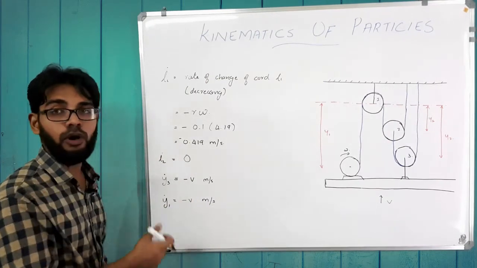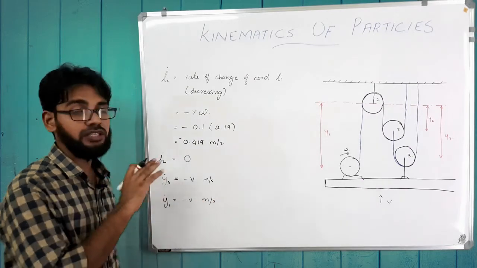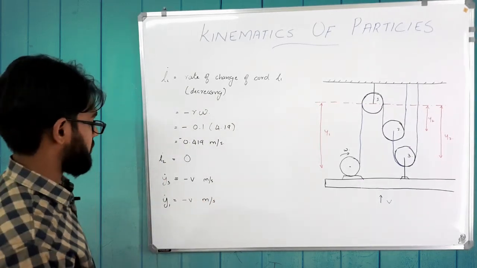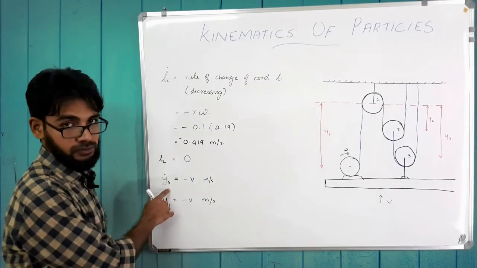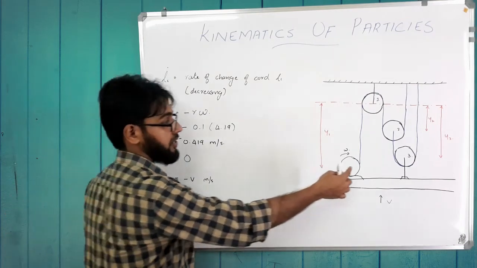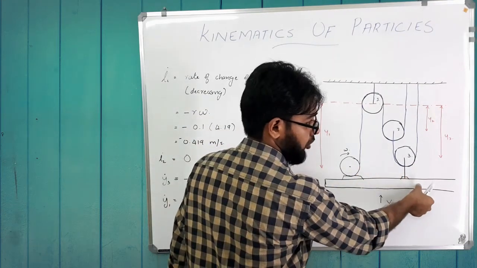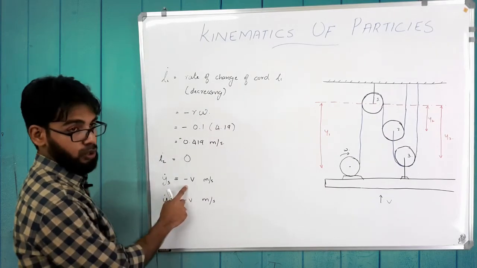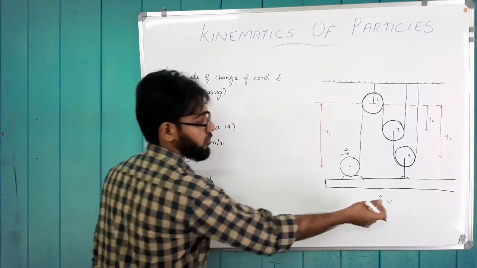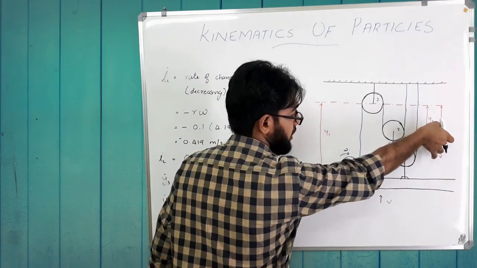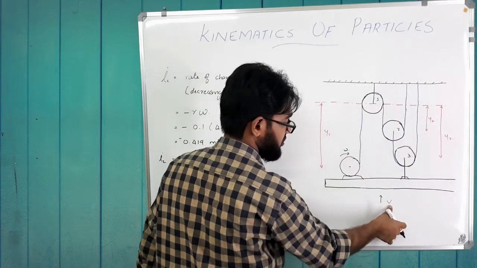Understanding these points is very important while solving such type of problems. So y3 dot, here y3 as such is fixed to the platform. So y3 dot will be equal to minus v, opposite to the direction.